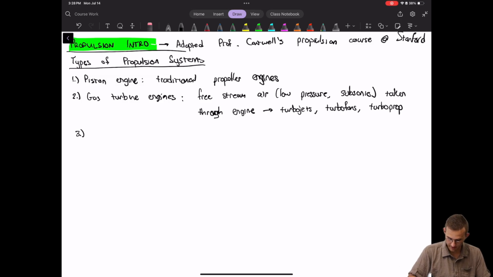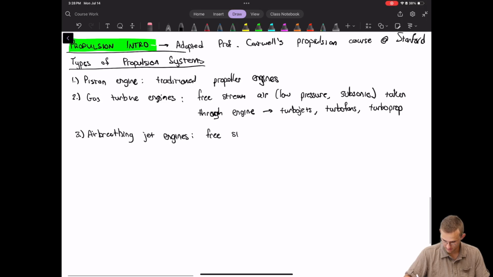We also have air-breathing jet engines. Sorry, that's hard to read. So this is where you have free stream low pressure supersonic flow taken into the engine.